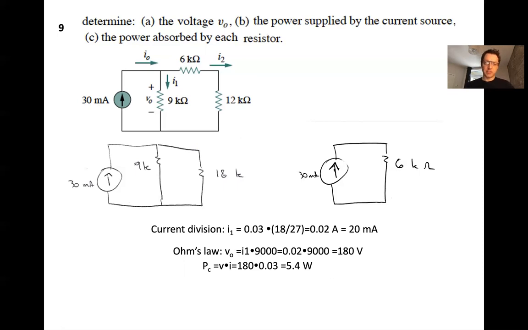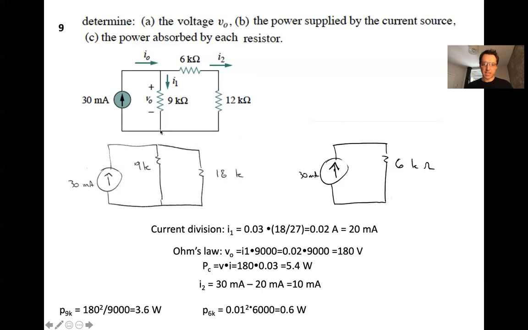And now we also need to figure out the power that's absorbed by all three of these resistors. There are many different ways of doing it, at least three. But before that, we need to know what I2 is. I2 is equal to the 30 that comes in here minus whatever flows down the 9 kilo ohms. We know that 20 goes here, so the remaining 10 has to go on the outside.